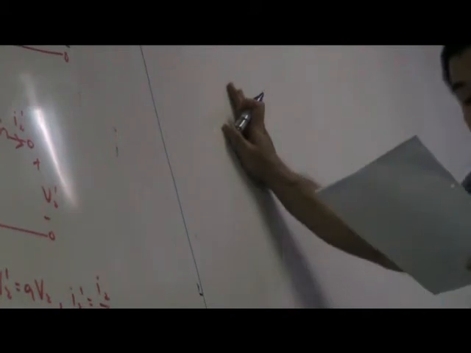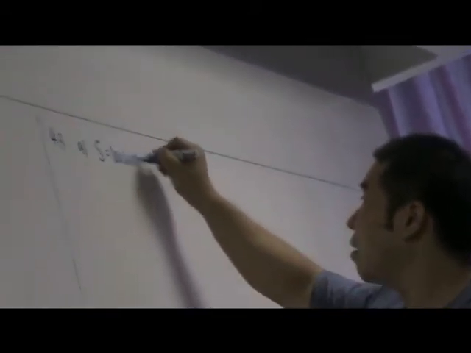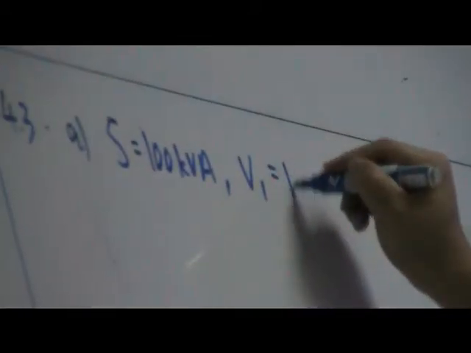Okay, the values are still the same. S is 100, E1 is 7.